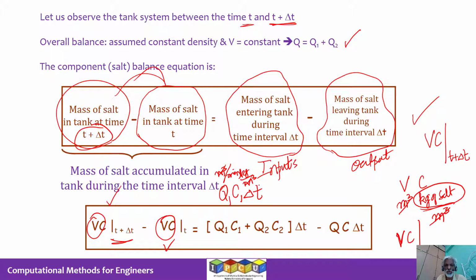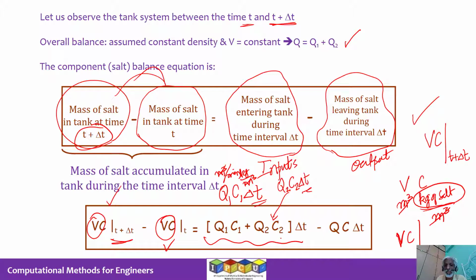That is the amount of salt that has come into the system through stream 1 over this time interval delta T. Again, through stream 2, we are going to get Q2 C2 delta T. This is the mass of salt that comes into the system over the time interval delta T through stream 2. So if you take delta T outside, because that's common in both the terms, you can write this.